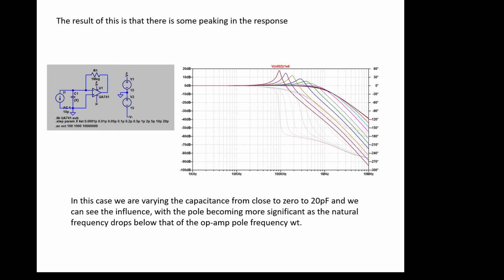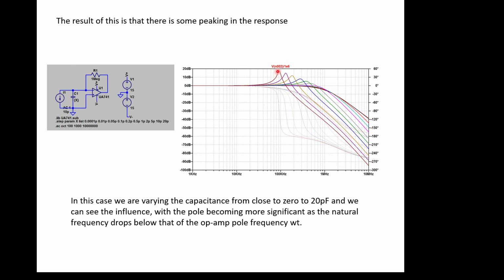So the result of this, if we include our capacitor and start to do some simulations, is that we end up with some peaking as this virtual ground starts to fail at certain frequencies, and the stability of the phase margins and the gain margins starts to get a bit dodgy.